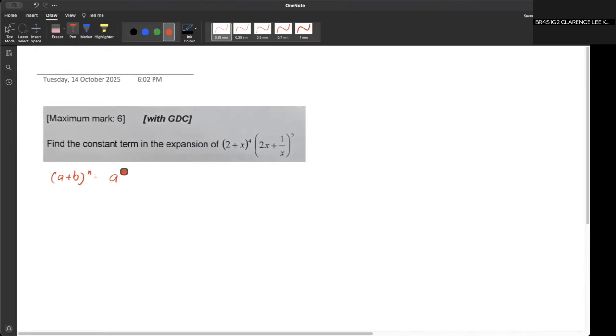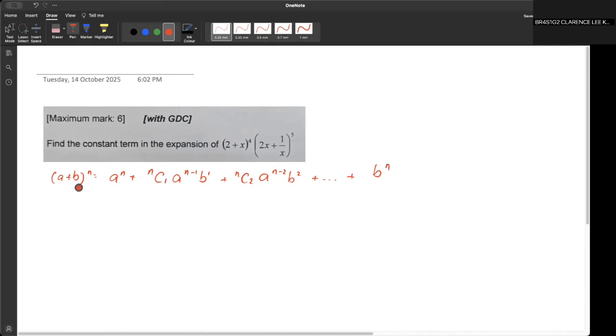then a to the power of n, nC1 a to the power of n minus 1, b to the power of 1, nC2 a to the power of n minus 2, b squared, and so on until b to the power of n.